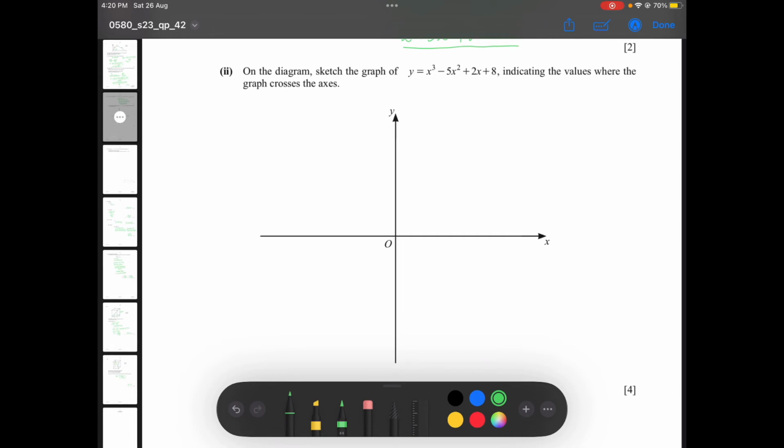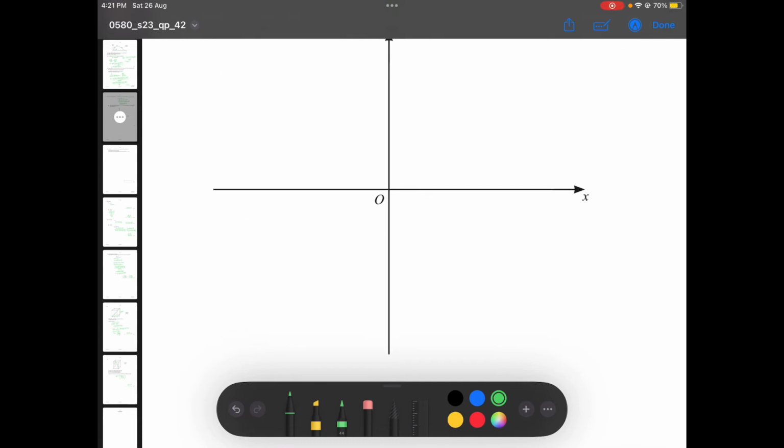So negative 4 to 5, negative 3 is 170. Negative 1 is 0, so negative 1, 0. Then if you have x as 0, then y is going to be 8, so the y-intercept is 8.